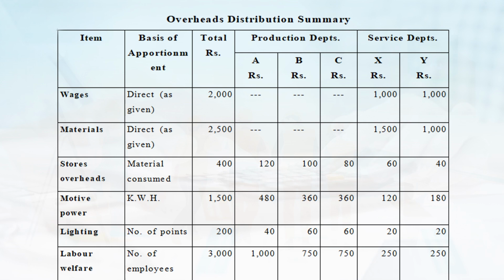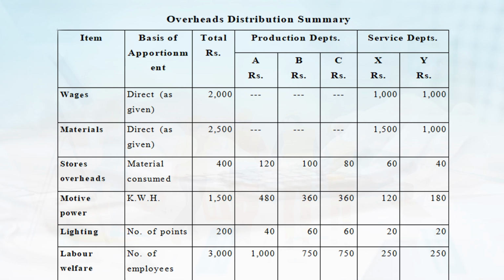Next item given is motive power, base of apportionment is kilowatts, total amount given is rupees 1,500, and for department A it is 480, for department B it is 360, again for department C it is 360, and for service department X it is rupees 120 and for Y it is rupees 180. Next expense given is lighting and it is to be allocated based on number of points.